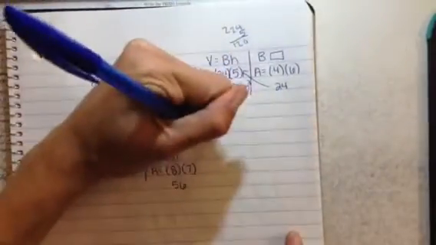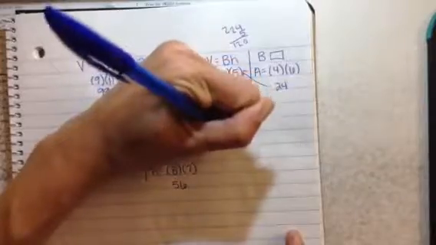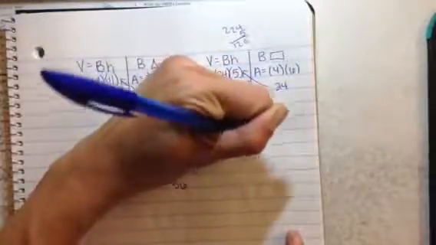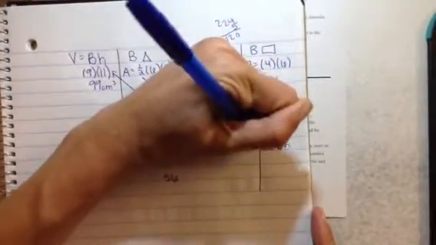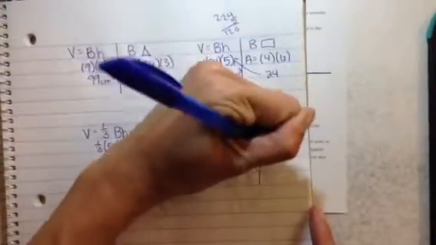Okay, and then if we were doing the triangle, we have V equals 1/3 area of the base times the height. But this time my base is a triangle. Right here, triangle. Okay, so my formula should be 1/2 base times height. And I would have A equals 1/2.